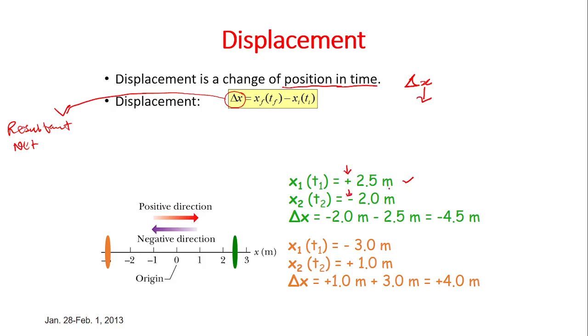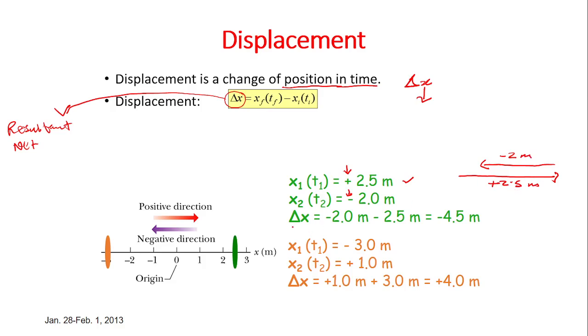If this object moves 2.5 meters this side, and later on it moves -2 meters, which is somewhere there, and that is positive 2.5 meters.